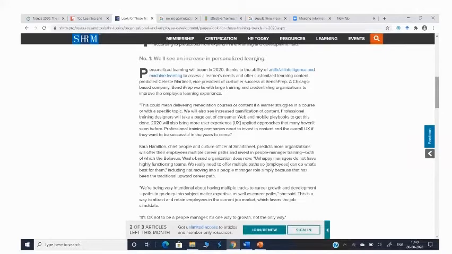One is personalized training. This has increased. If you go back 10-15 years, the Association of Training and Development always used to capture that training and development is a group exercise.